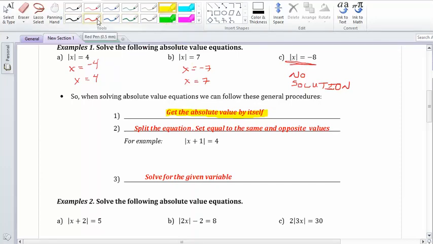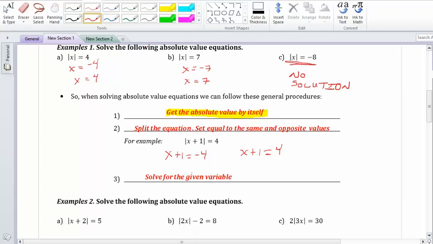To see what that looks like, we have absolute value of x plus 1 equals 4. Since we looked up here, we have to consider both what happens if this is negative and what happens if it's positive. So when we say split the equation, we're going to go x plus 1 equals -4, x plus 1 equals +4. You actually get two very simple equations, which we can solve.